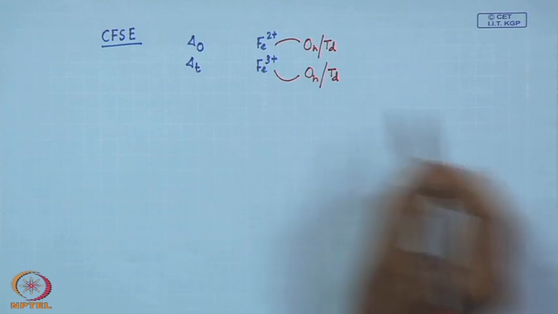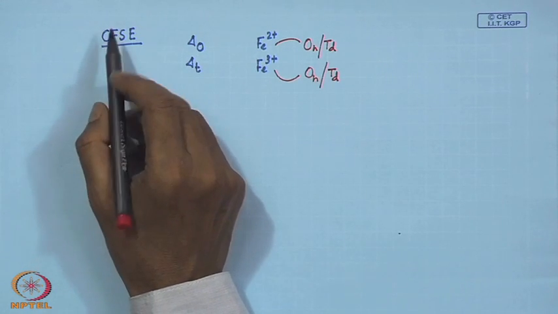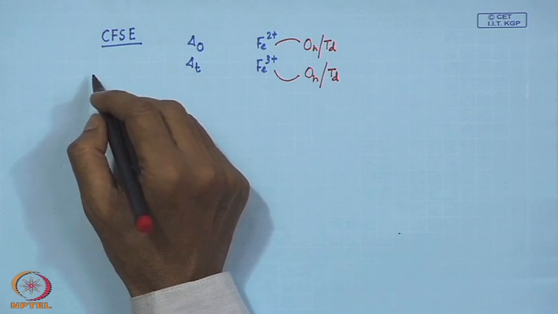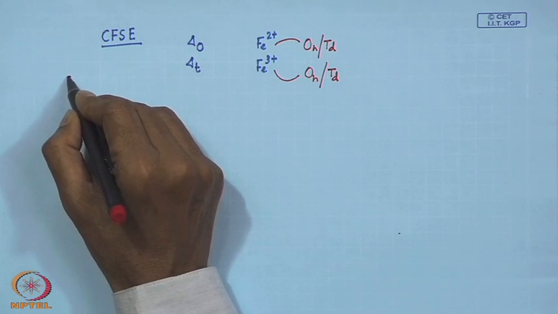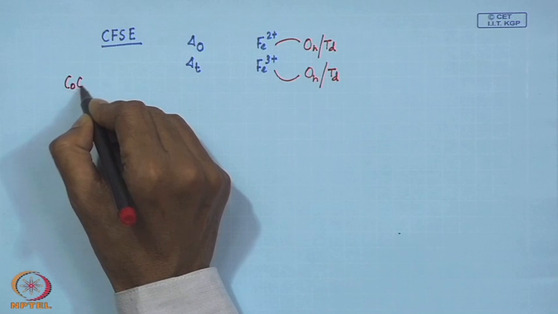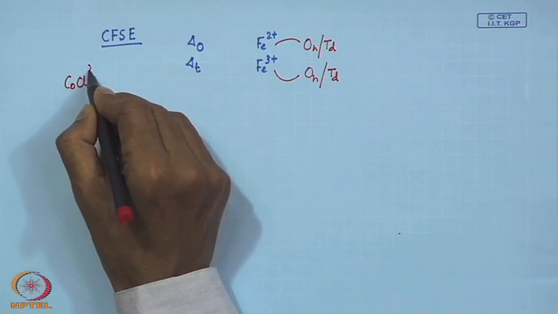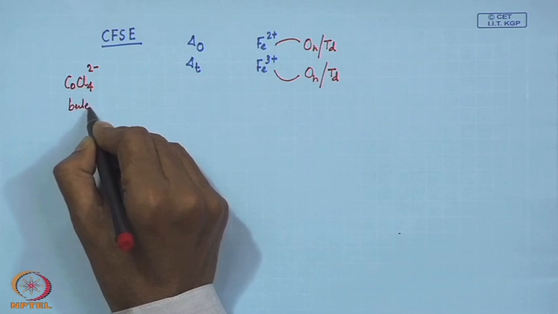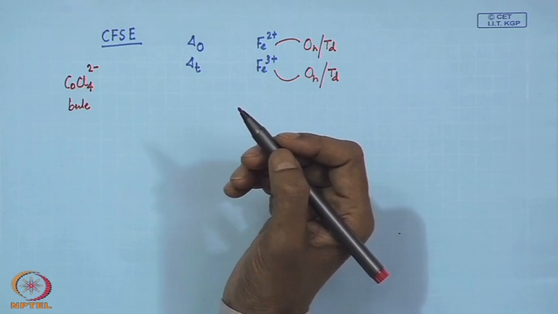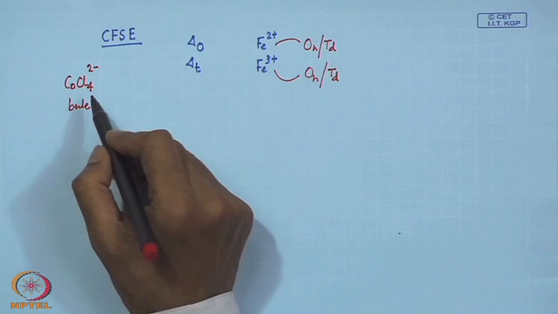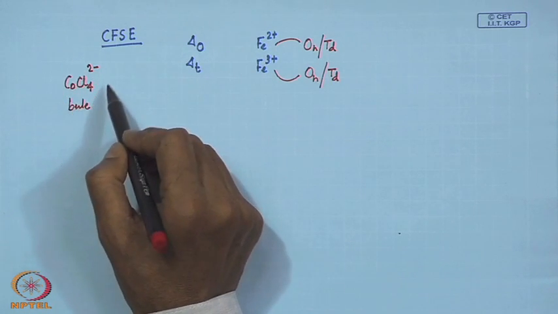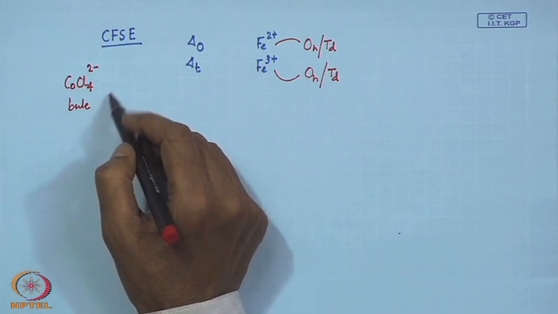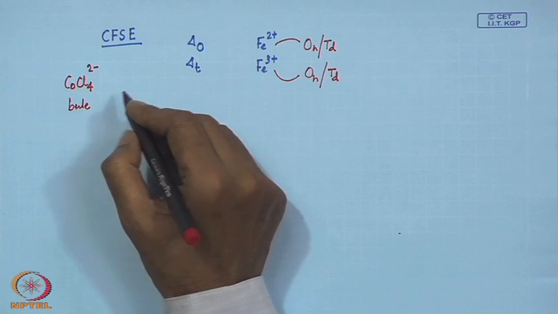Because we just have seen that CFSE has a beautiful application when we see the tetrachlorocobaltate anion, which is a blue colored solution, or in the solid state also the compound is blue colored depending upon the cation we use to isolate this particular anionic complex.